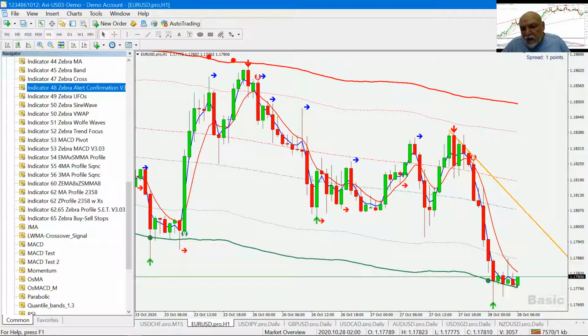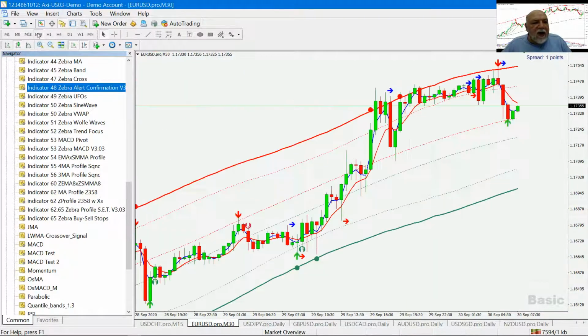So I would say this would be a potential trade to the long side, but I need to see price turn around a little bit. So let's see whether price is actually turning around.